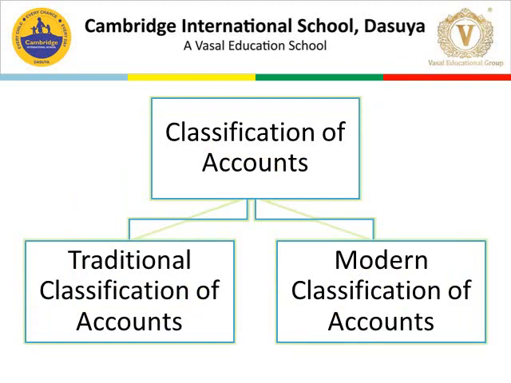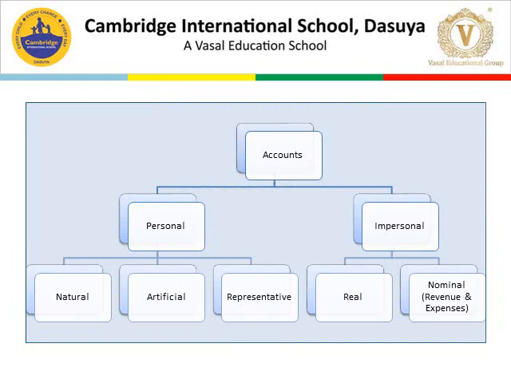Here is the classification of accounts. Accounts are classified into the traditional concept and the modern concept, or we can say the traditional approach and the modern approach. Here we are going to do the traditional approach. According to the traditional approach, accounts are divided into two parts, personal account and impersonal account. The personal account is further divided into three types of persons.